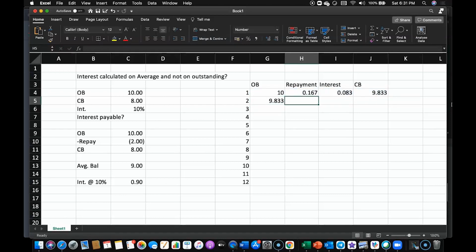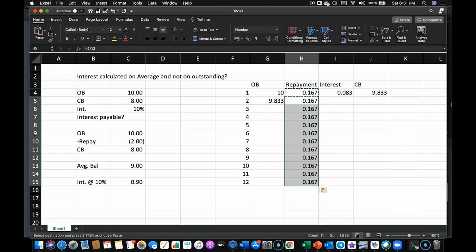Interest will come, but before that, what's going to be the repayment? Repayment already we have arrived at. It is 2 lakh divided by 12. So for 12 months I'll put this, because if you add all this you should get 2. Yes, here you can see 2.